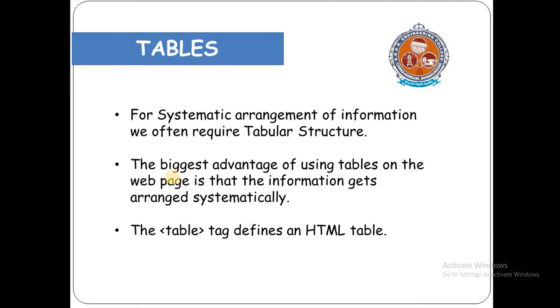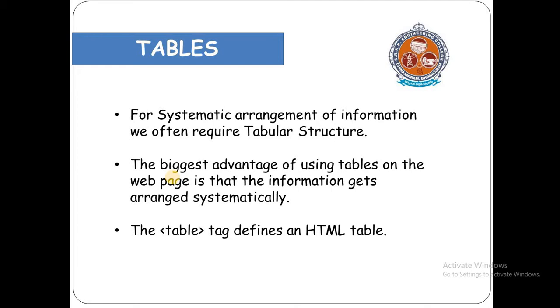The information will be shown systematically, and for the end users, the look and feel will be very nice. So this table has the biggest advantages, and for arranging our web page layouts also we will use these tables. It is one of the important topics in HTML.